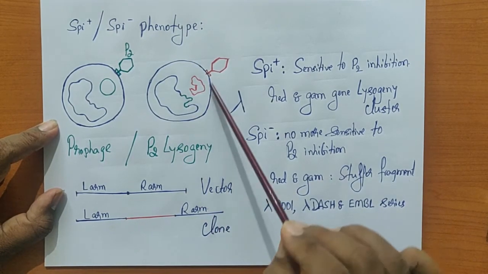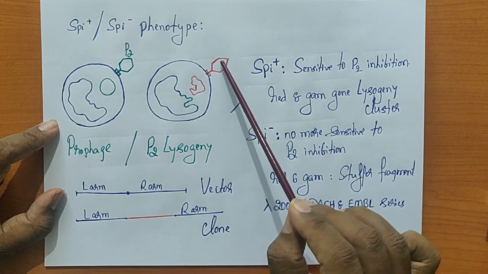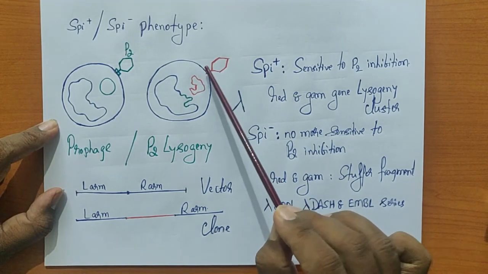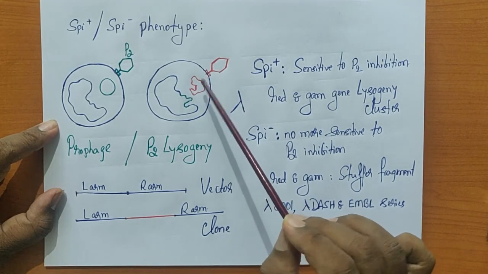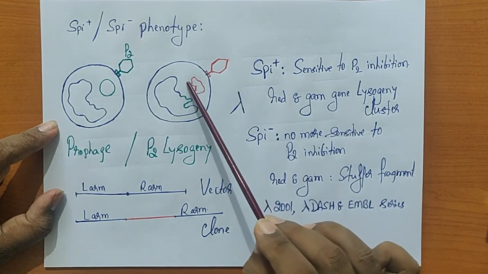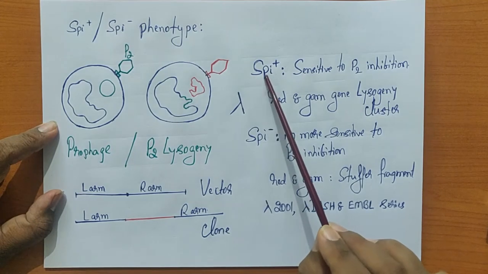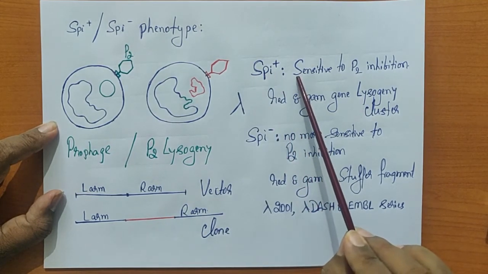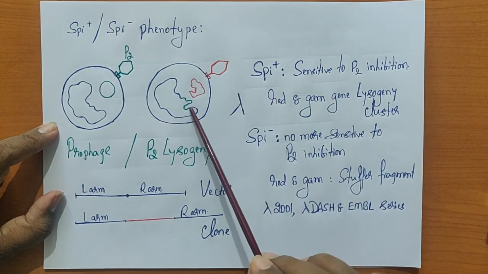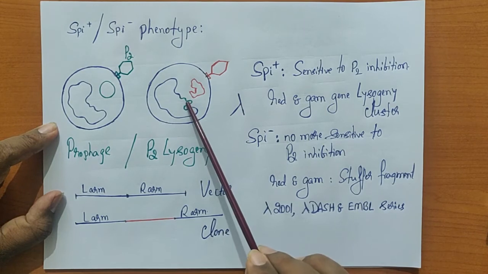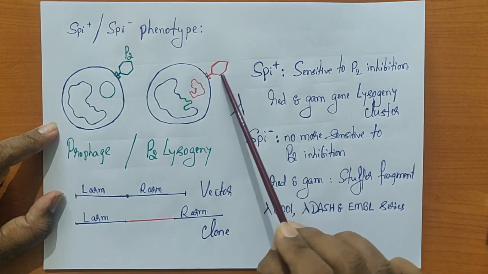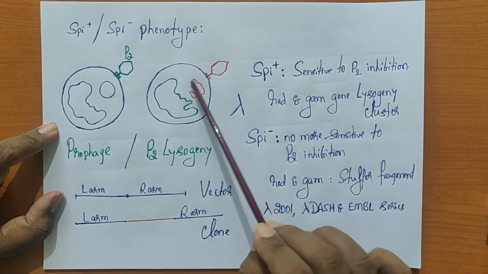Now in this P2 lysogeny host, when you infect with regular lambda DNA, it is unable to infect this P2 lysogeny. This particular phenotype is called SPI plus, meaning sensitive to P2 inhibition. Because the host has P2 DNA in the lysogeny form with the host genomic DNA, this lambda DNA is unable to infect.